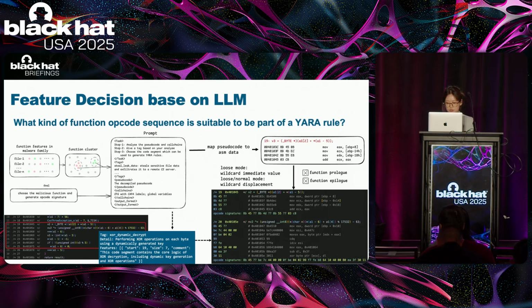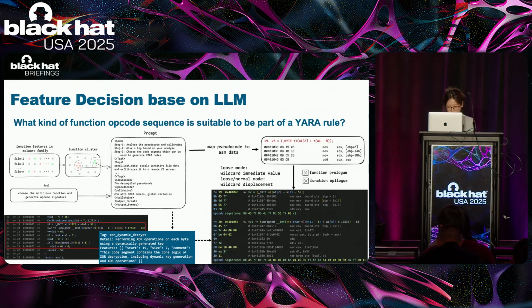These assembly instructions may not be continuous. We then convert the opcode sequence into a YARA signature, applying wildcards to displacements and removing stack balancing instructions at the end or the beginning of the functions.